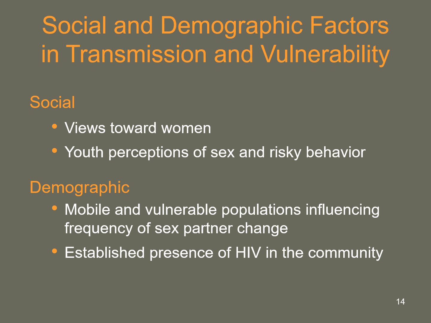Demographic, meaning according to the data and research. Mobile and vulnerable populations influencing frequency of sexual partner change. There are people who do not have a specific sexual partner. They are mobile, like our friends, the prostitutes.